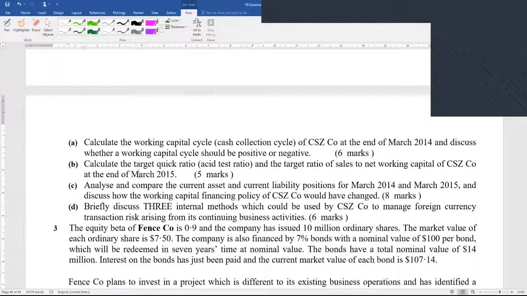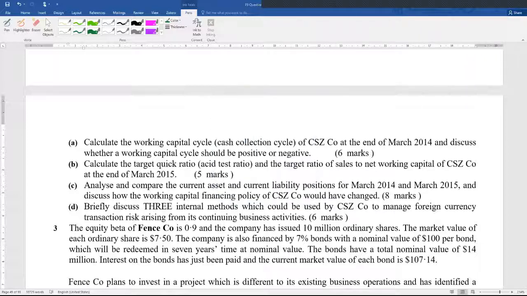I think if it's negative, it implies that the company has way more debt than it has assets, sort of.